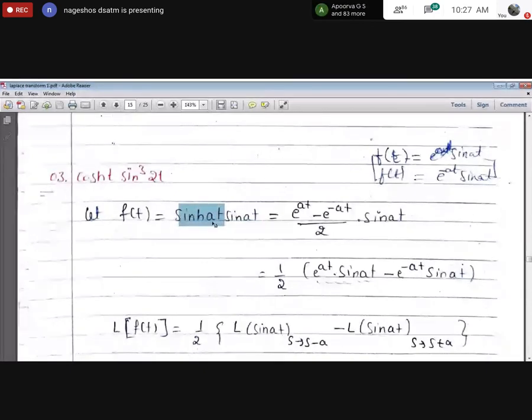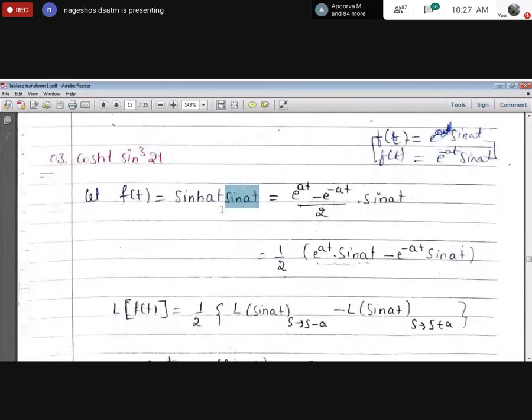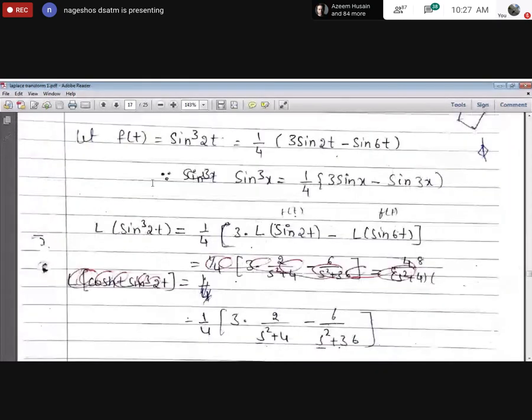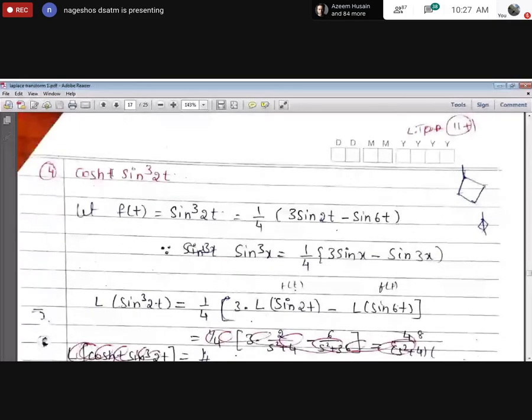For this one we reduced to exponential. Then we calculated what is Laplace transform of this. Similarly, this will reduce to exponential. We need to first find Laplace transform of this.